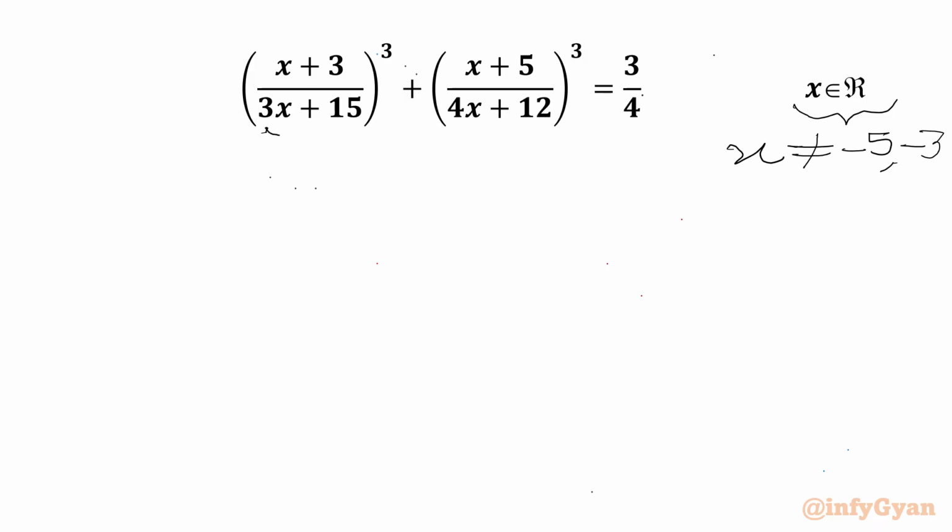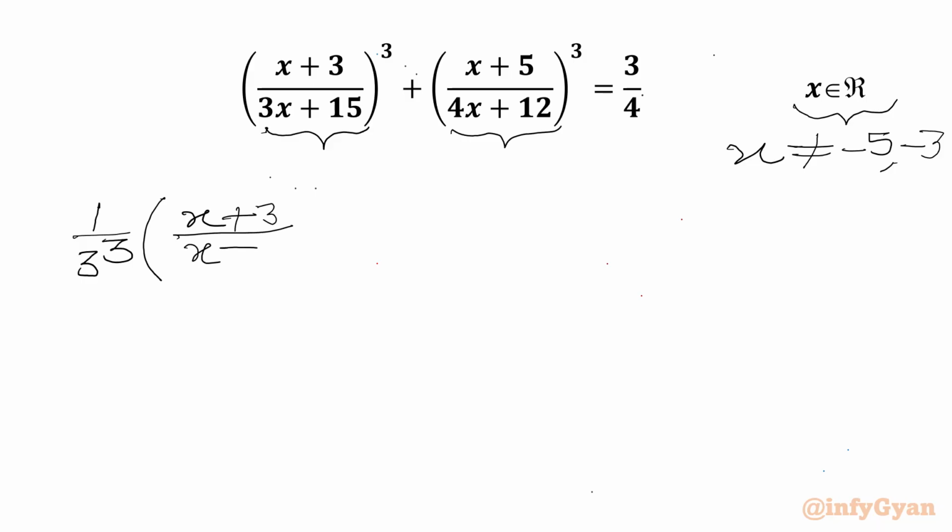Now I can see from this denominator I can take 3 common out. From this denominator I can take 4 common out. So I can write our equation 1 over 3 will come out. So 3 power 3, as we have power 3, x plus 3 over x plus 5 whole cube, plus I will take 4 common, so it will come out as 4 cube.